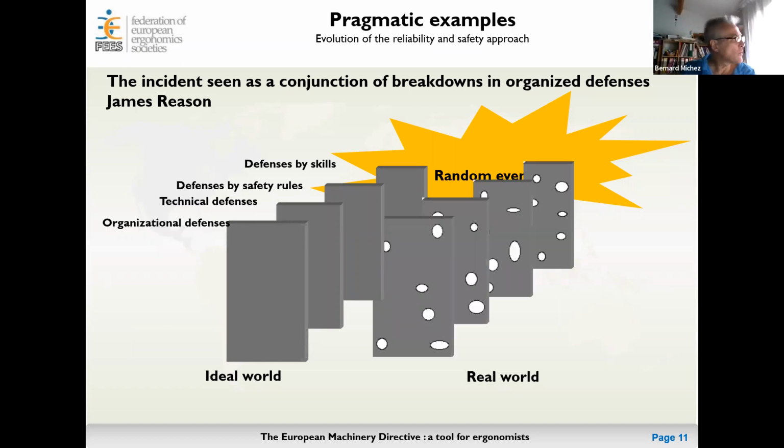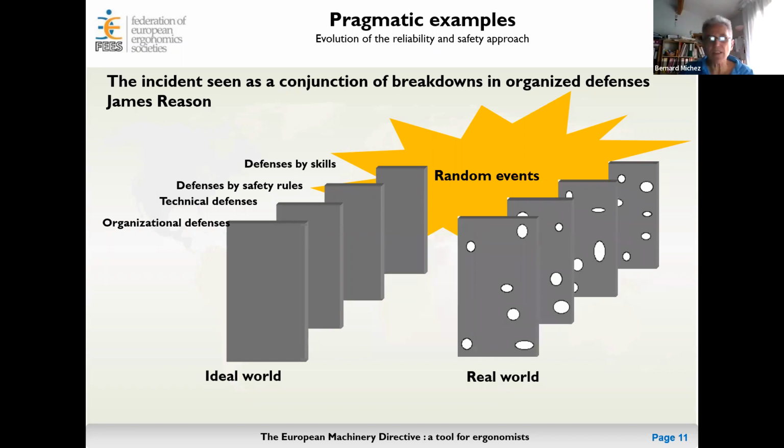But you have to consider that there is something real in which, because factories change, organization changes, technology changes, procedures change, something may happen and may get through the different holes in the defenses. That's normal, that's natural, that's real life.